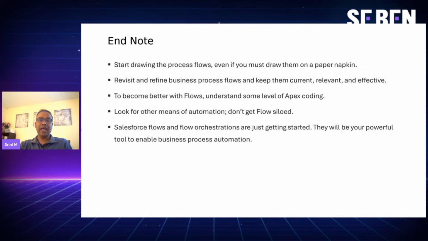Even in future, if you have to refer back and explain, you have a visual document. These business process flows need to be kept current, and you need to make updates each release. If you are touching anything related to that functionality, you need to update it, keep it current, relevant, and effective.